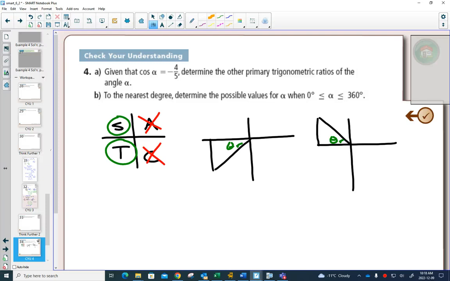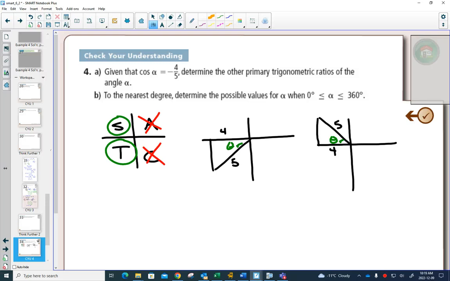If I have that triangle, what do I know? I know that cos is adjacent over hypotenuse. And now that I have that triangle, if I had the other side, I could do sine theta. If I had the other side, I could do tan theta. So think back to your math. Could you figure out this other side? Is there a way to do that?